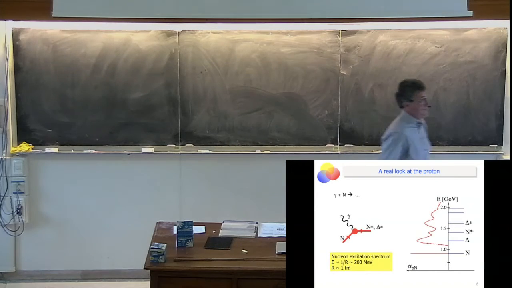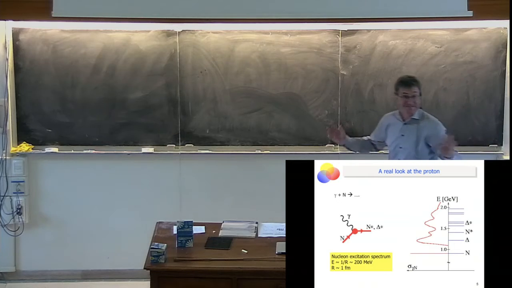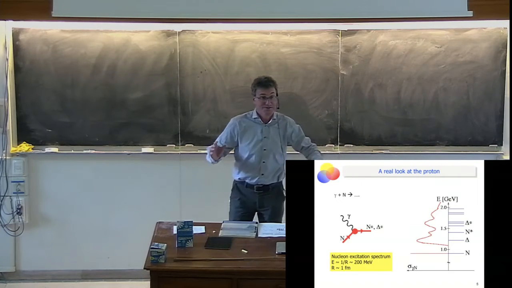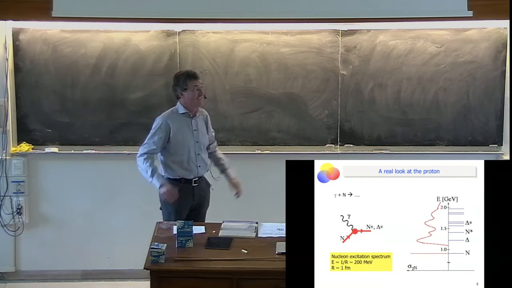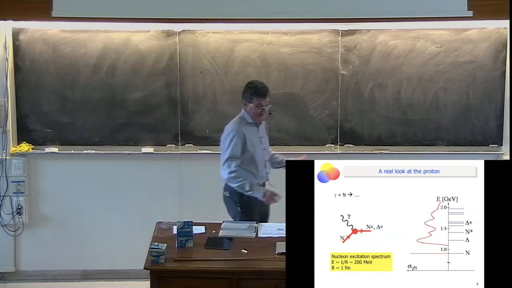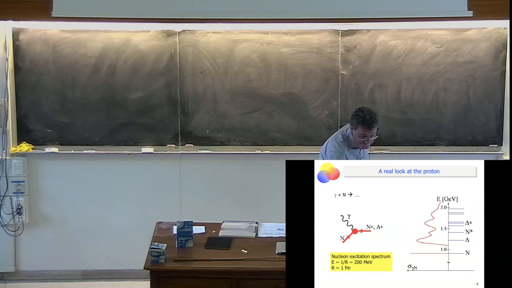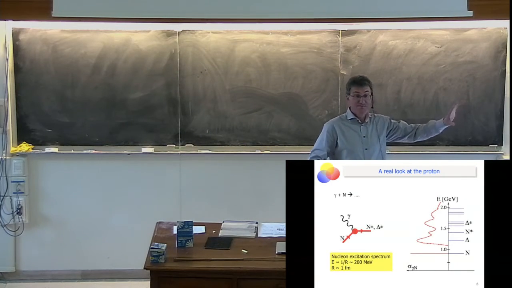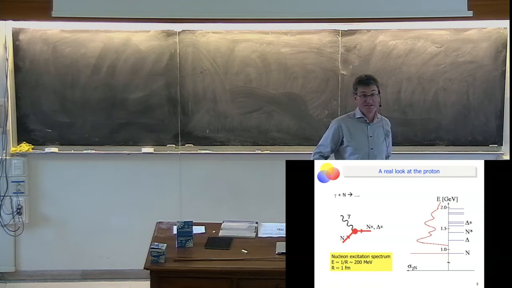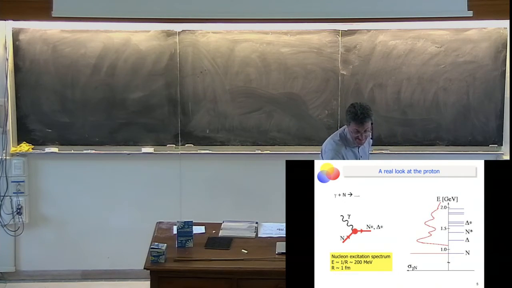And indeed, at a few hundred MeV, you had the first resonance, and so on. So it's not strange. That's precisely what you want, and how you investigate this whole system. So perfect. That's something I will not discuss in any more detail.